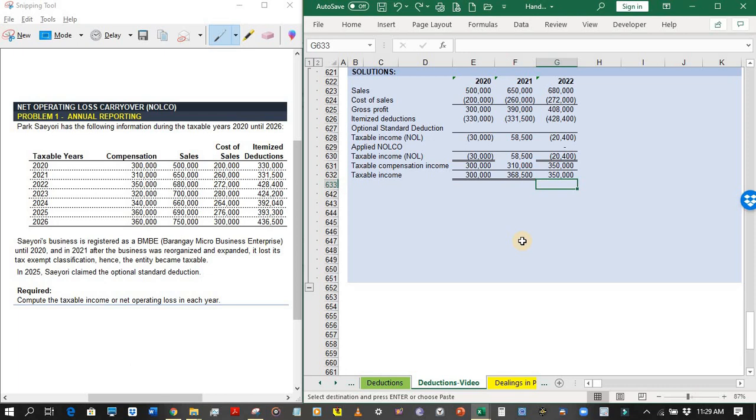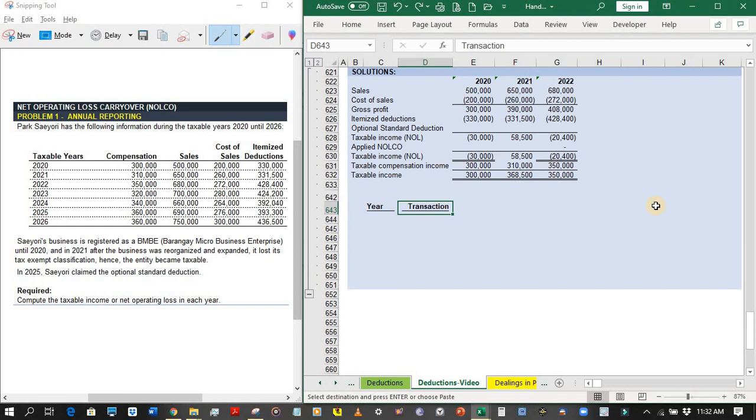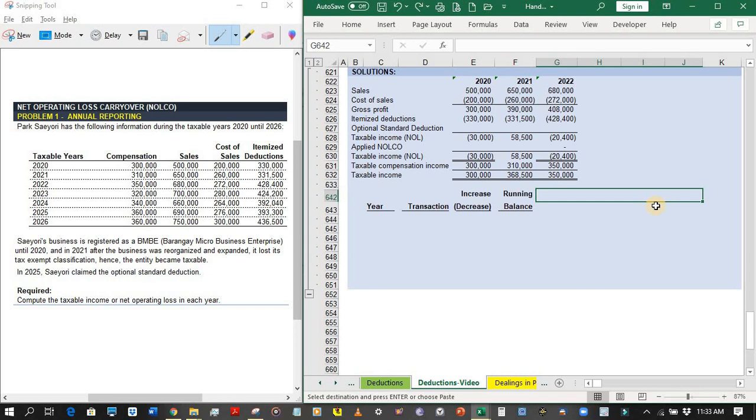So let us have a monitoring of the net operating loss. So let us start with the column headings. So the year, then the transactions during the year, whether it is an increase or decrease in the NOLCO. Then the running balance of the NOLCO, because we need to determine the unapplied balance of the NOLCO every year end.